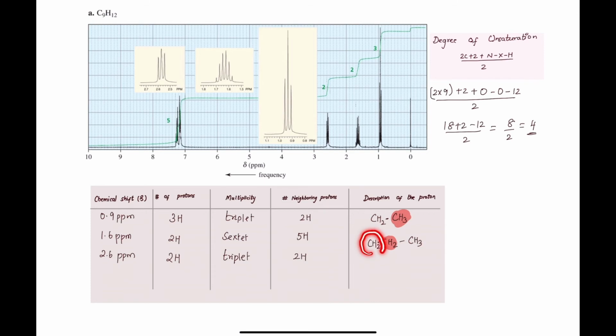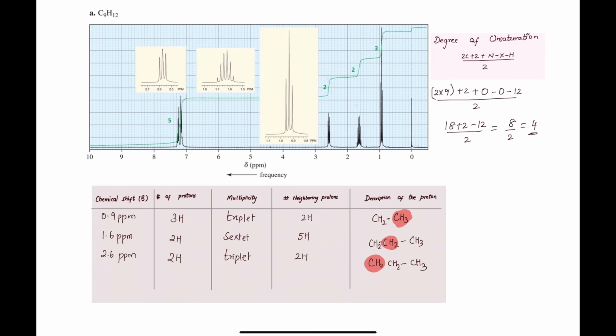We have accounted for the CH3 and one CH2. For this CH2, the 2 neighboring hydrogens are what result in the triplet. So this peak at 2.6 ppm corresponds to these 2 hydrogens, which are split as a triplet.